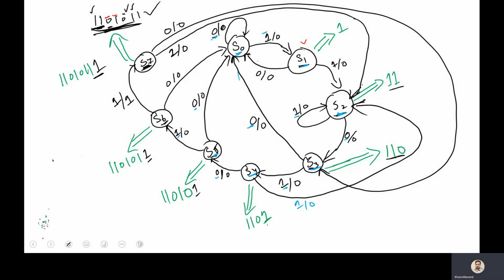And now we move to S6, and at this present state S6, when input is 0, next state is S0, and when input is 1, next state is S1, and output is also 1, right?